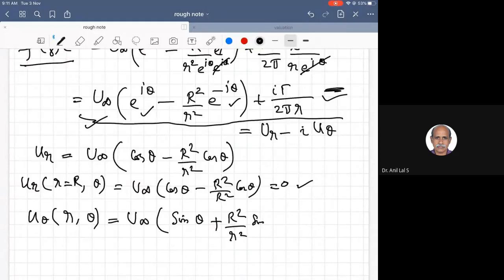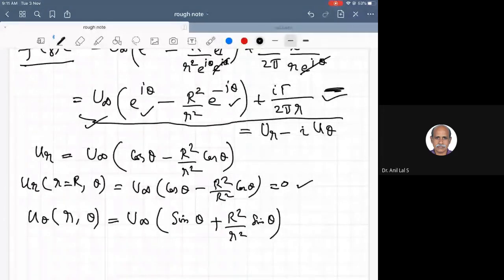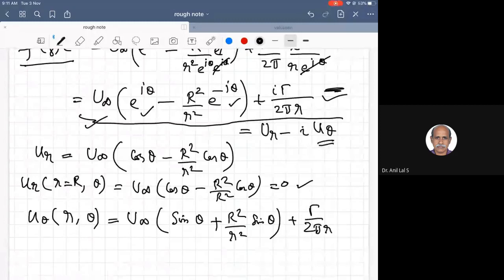That would give you sin theta. The last term is gamma by 2 pi r. The whole thing is minus u theta, so u theta is equal to minus of this.